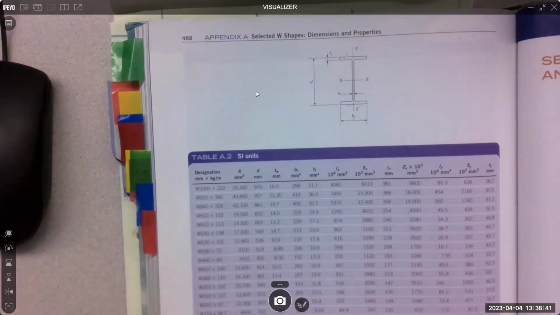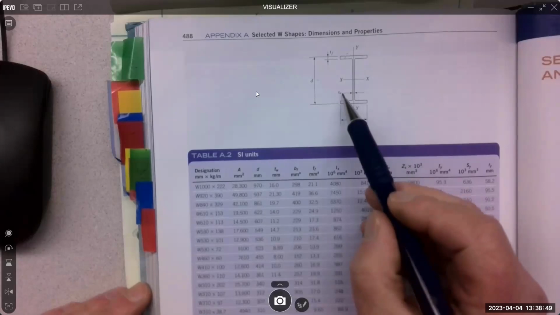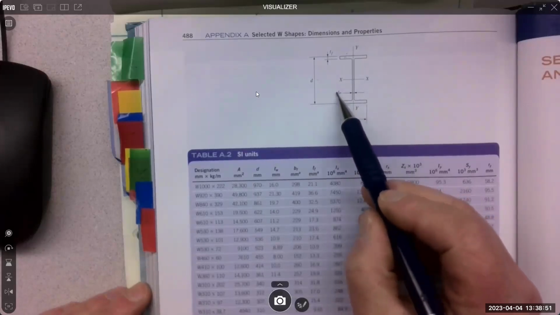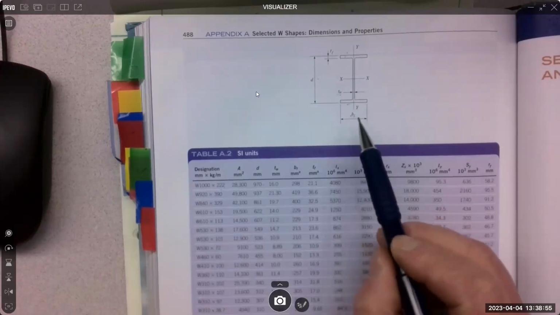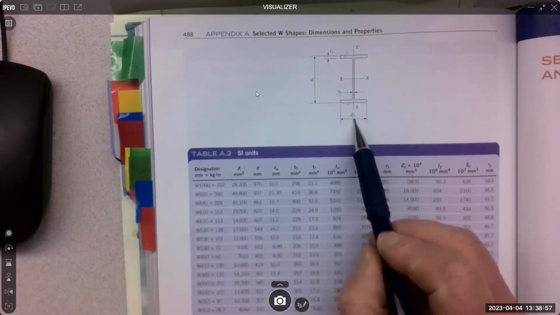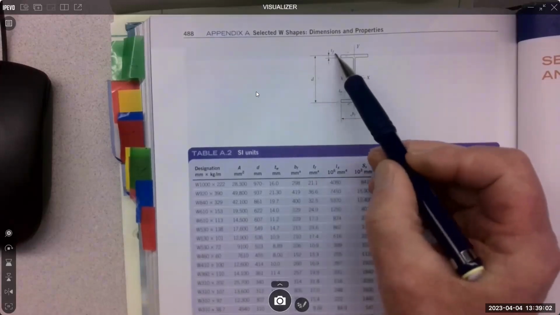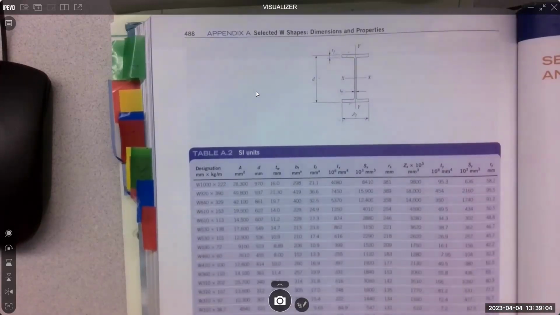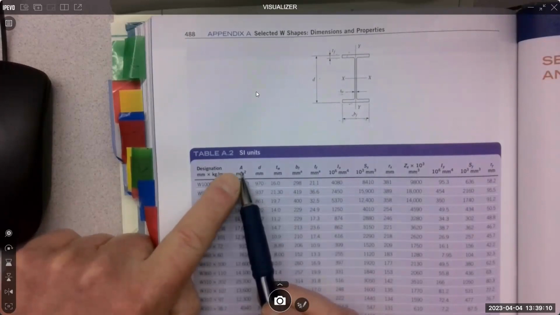It gives you the table to look it up, but then you got to look at all the details to get exactly how tall something is or how thick the web is, right? So that would be this thickness of the web, TW. Here is the base of the flange, right? That dimension. Thickness of the flange is here. So we can get all this geometry if we need it. But we can also just get what? Area, here it is.